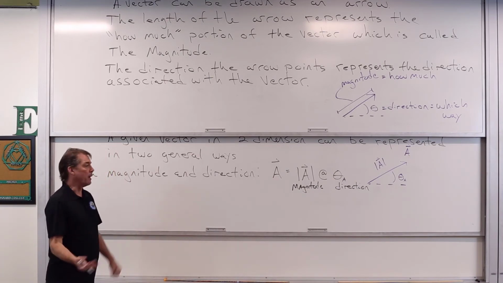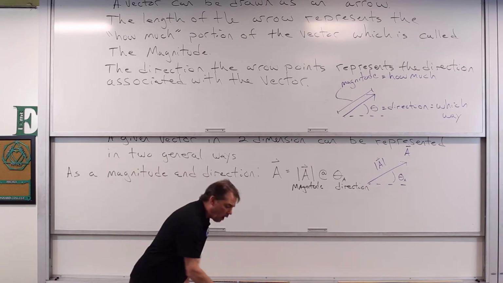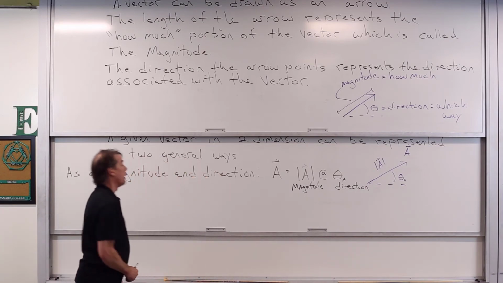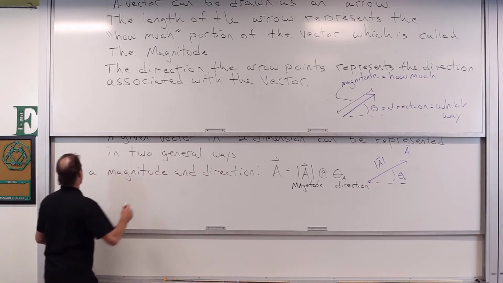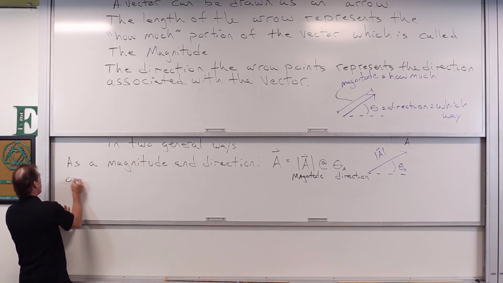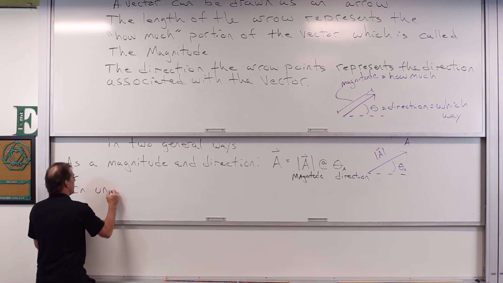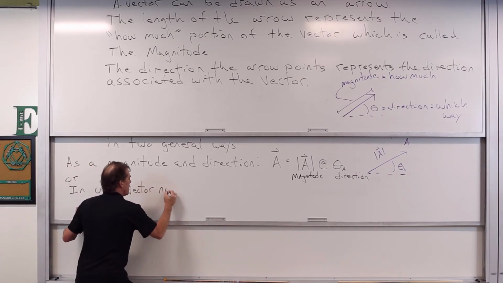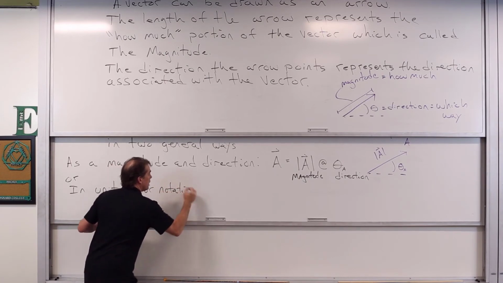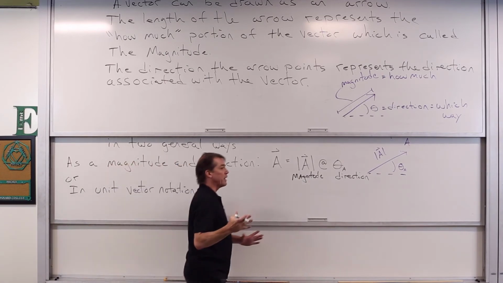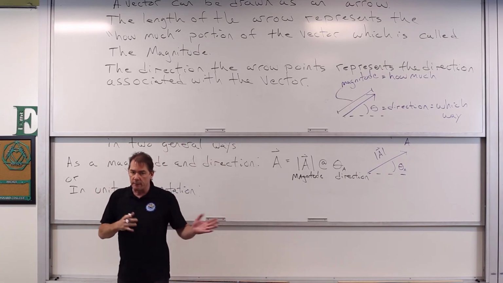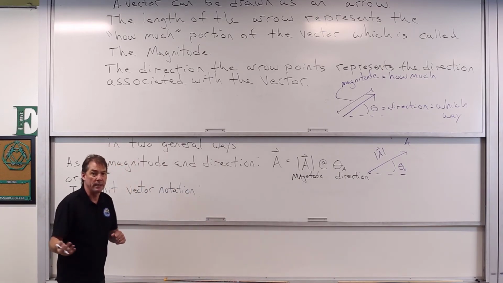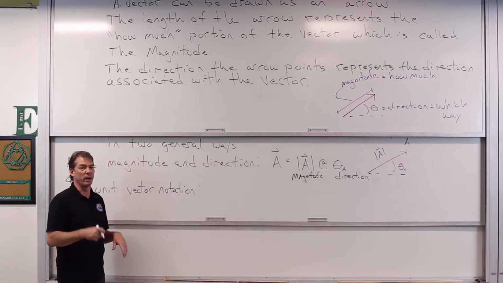So that's one way that we can represent a vector. Magnitude and direction. How much, which way. We can also represent a vector in what's known as unit vector notation. Unit vector notation breaks the vector down into its components that are mutually perpendicular to one another.